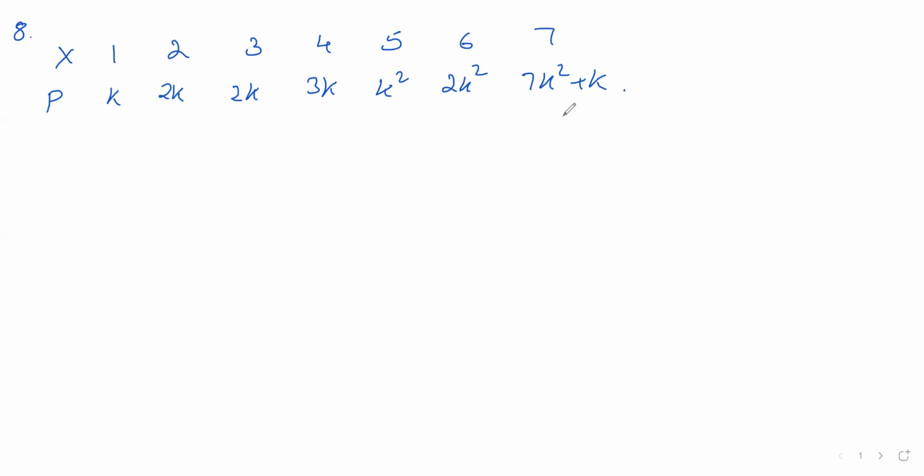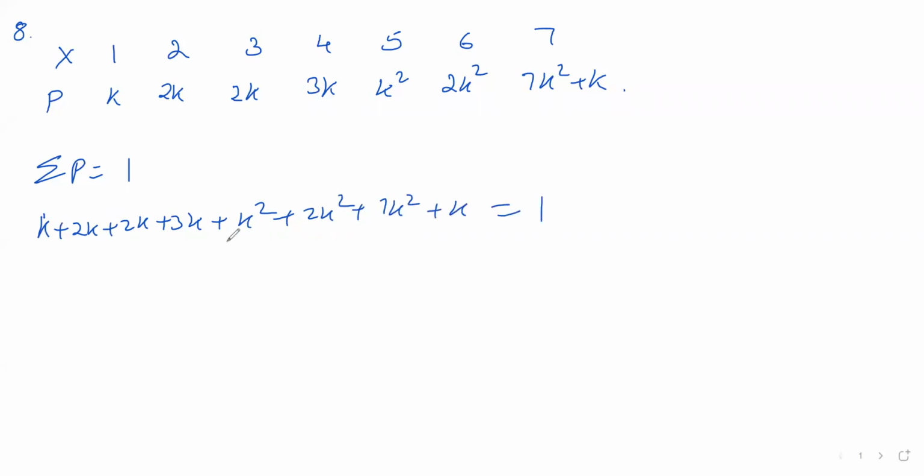If this is a probability distribution, it means that the addition of all the probabilities is 1. So K plus 2K plus 2K plus 3K plus K square plus 2K square plus 7K square plus K is equal to 1.